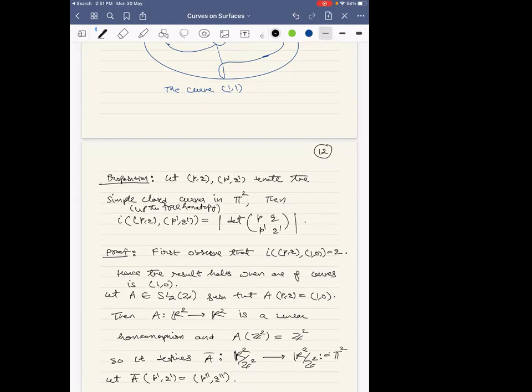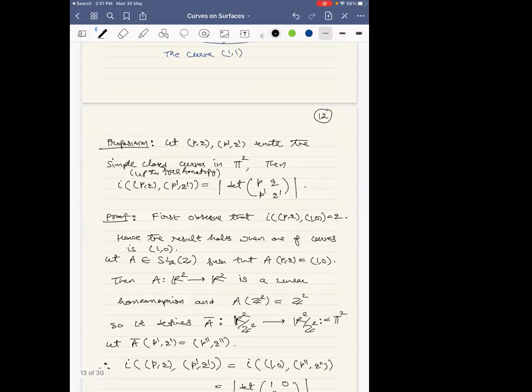So just look at the modulus, that is Q. So we can assume that the statement holds for the case when one of the curves is (1, 0). Then how will you extend it to all pairs of simple closed curves?